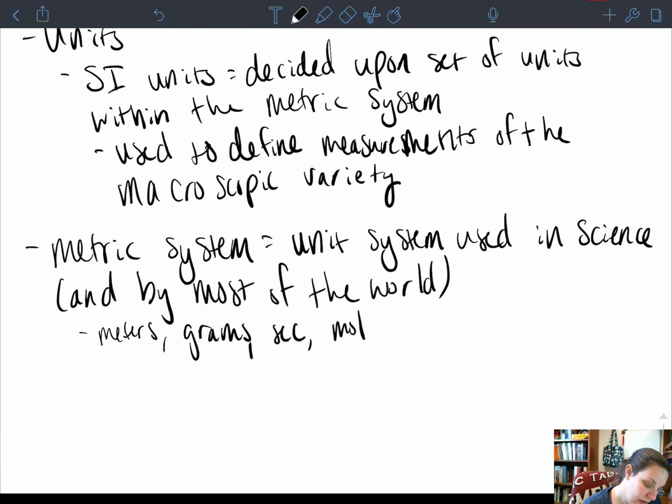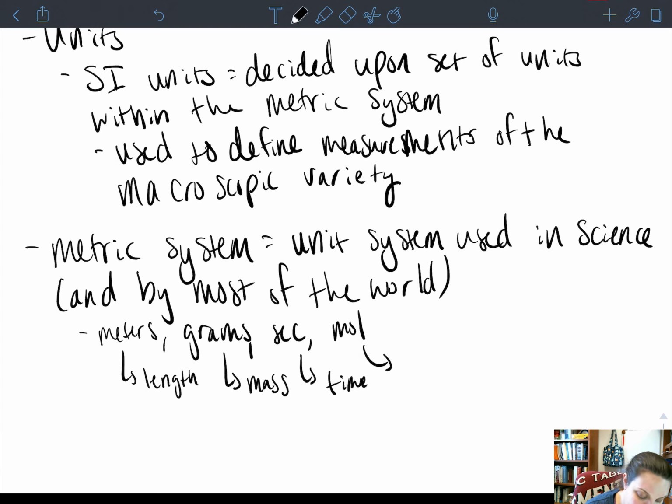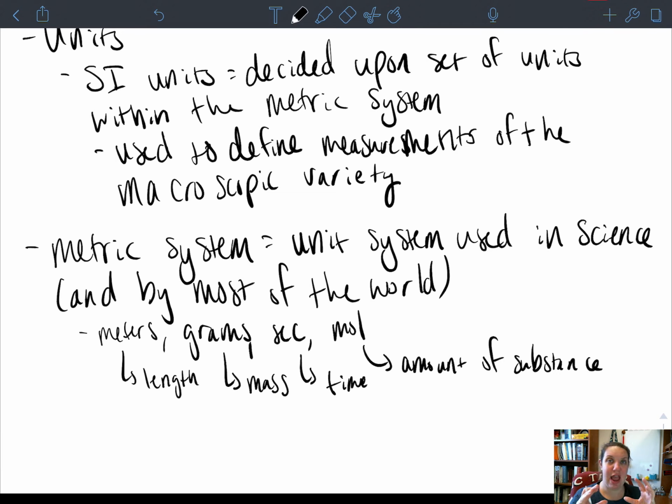And this is used for length, this is used for mass, this is used for time, this is used for amount of substance, like an actual value of substance, not necessarily a mass of a substance. So we could say we have this many of this substance.